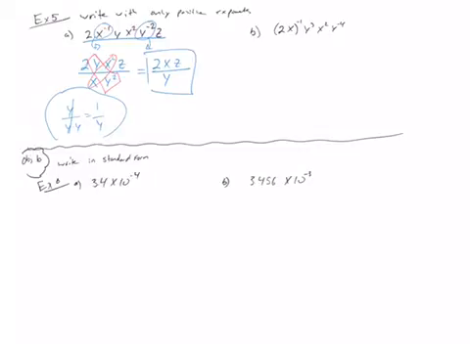Alright, looking at this one over here, which is quite similar, except notice that this 2 is grouped there with the x. So that means this number is going to come down to the bottom, and this one's going to come down to the bottom. So on top I have an x squared and a y cubed. I changed the order just because I'm writing in alphabetical order. On the bottom here I'm going to have a 2x to the first power, they're both the first power, times y to the fourth.